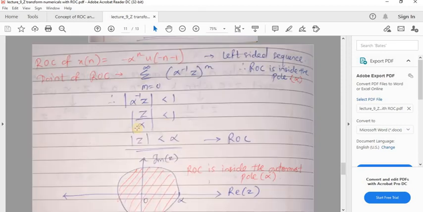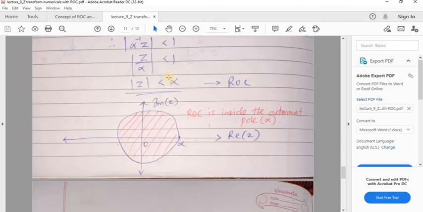After simplifying, alpha inverse will become 1 upon alpha, so this will become z upon alpha less than 1. When we cross multiply alpha with 1, this will become mod of z less than alpha. So whenever your z is less than alpha, the region of convergence is inside the pole.